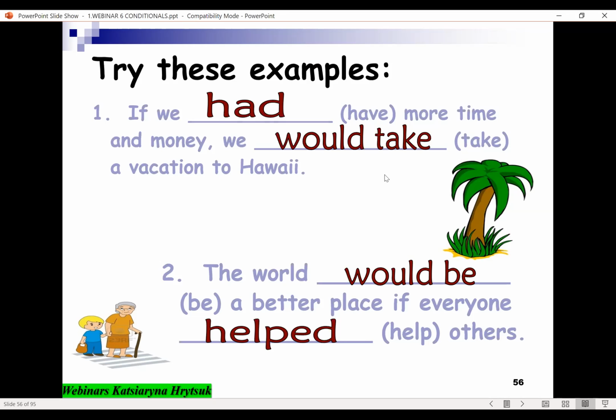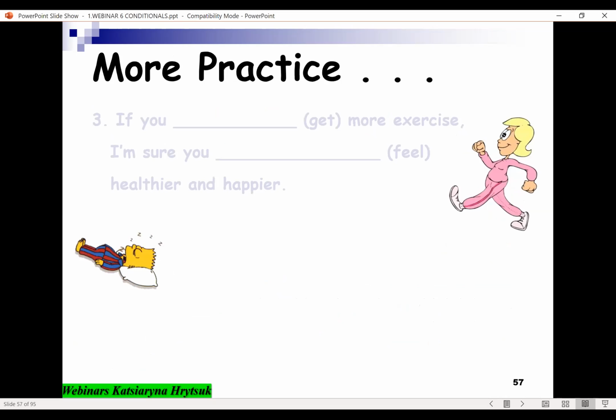More examples here. Olivier. Are you with us? Yes, I'm here. After if past, main clause would. Let's go. If you would, no, after if past.